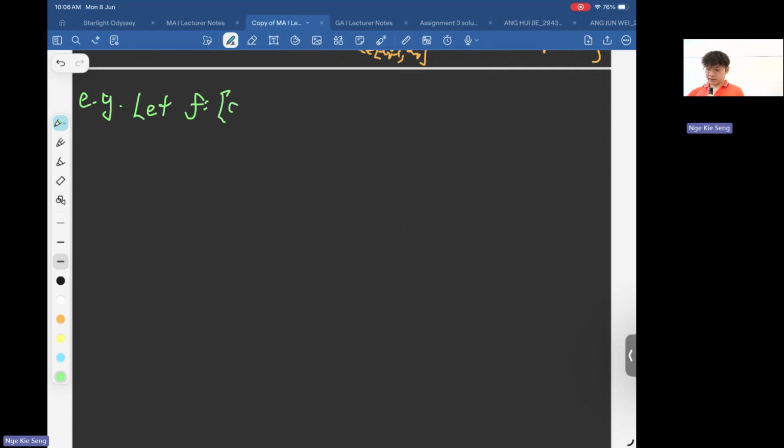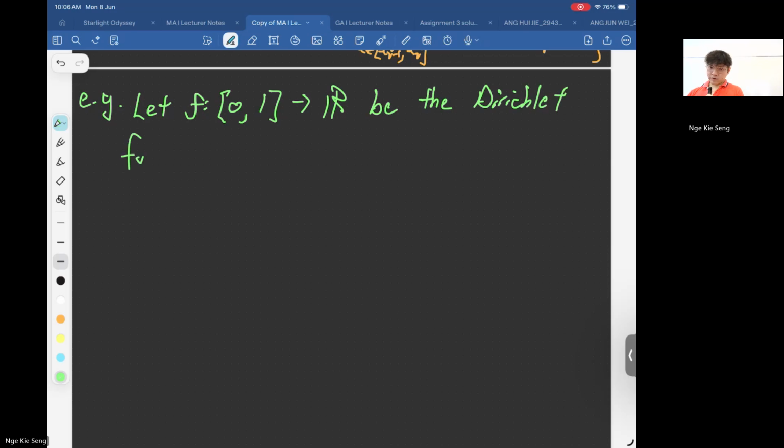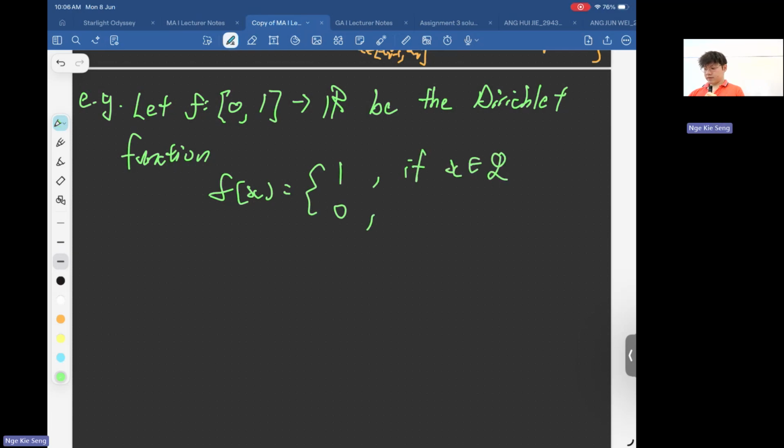This is the Dirichlet function: f(x) equals 1 if x is rational, and 0 if x is irrational.